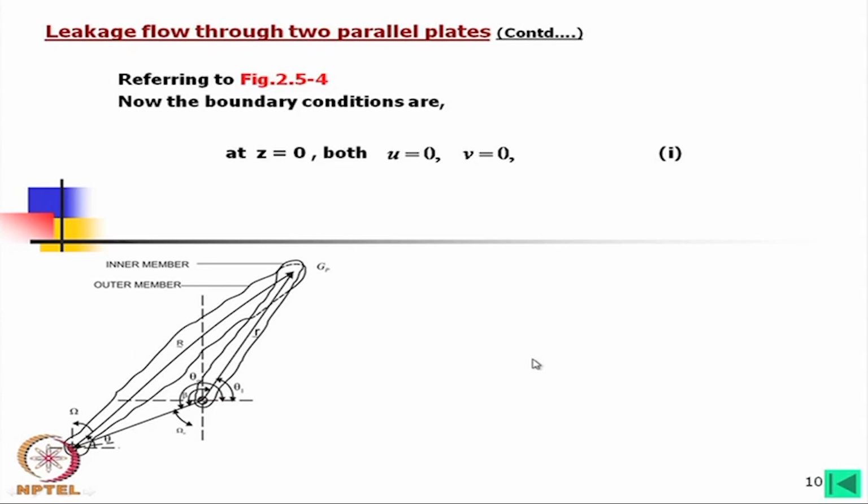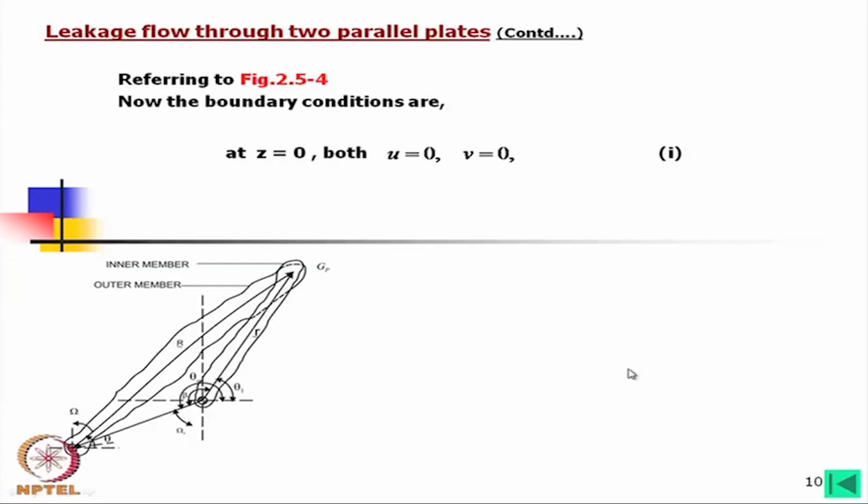Yes, actually here instead of y we have considered z. So, at the bottom, that means on the stationary plate, z is equal to 0, u is equal to 0, v is equal to 0.